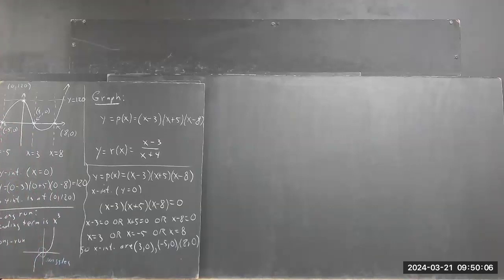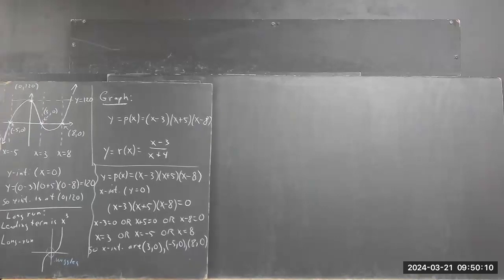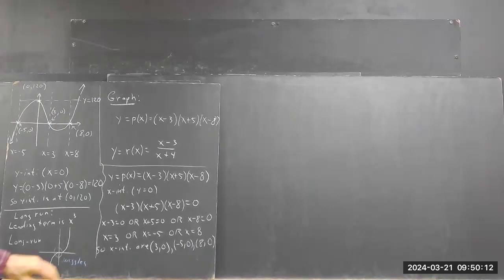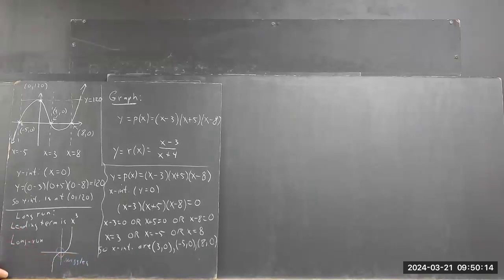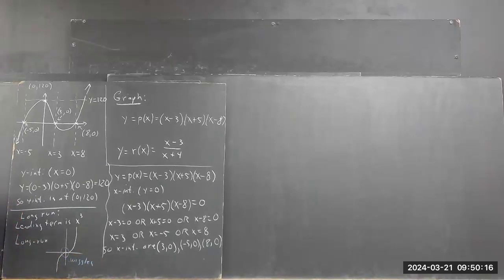And I realize that I'm just a little bit off of the screen here. So let's make sure we see everything we've done. We've got all three of our zeros with the x equals -5, x equals 3, x equals 8 lines labeled. The y equals 120 line labeled, and the x-intercepts marked and the y-intercept marked and labeled.